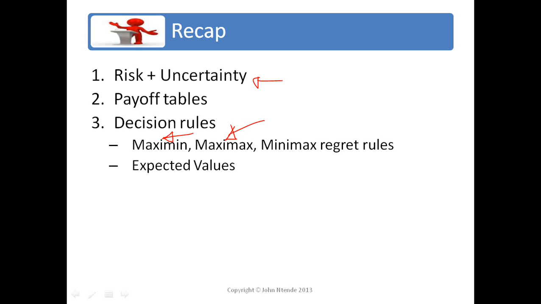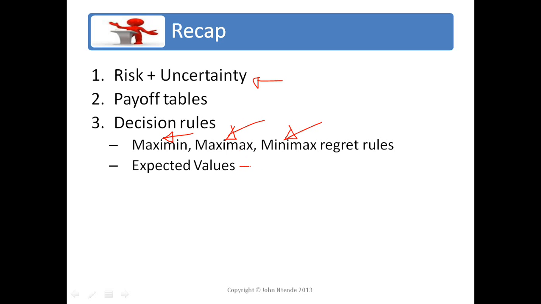Risk attitude was aggressive. Then we also looked at minimax regret. This is someone who doesn't want to feel bad for making a bad decision. And remember, we drew a regret table, and then we found the maximum regret for each probability, and then we chose the project which had the minimum of the maximum regret values.